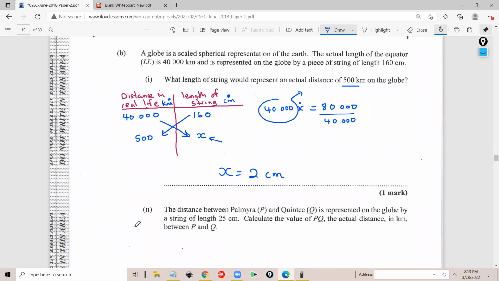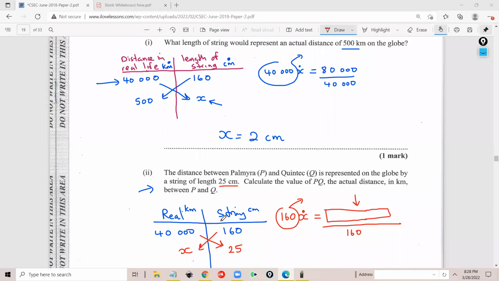Right, so there's a part 2 here, and for part 2, you could use the same cross multiplication and you'll get through the question. For part 2, it's the same concept as the one above.